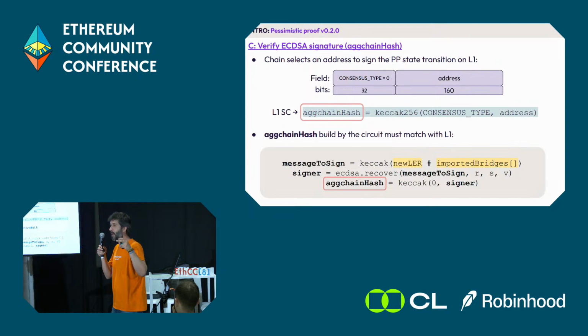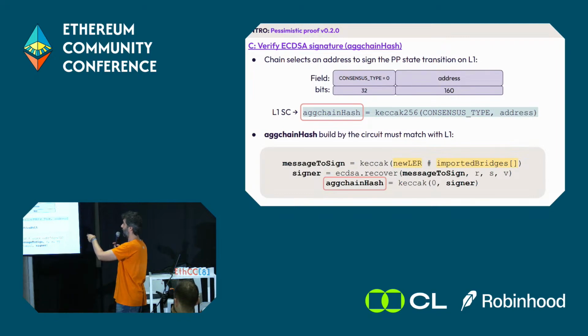We have, somehow, a sequencer. So basically, a sequencer is an address that the chain can define on layer 1. And the signature of this address will be checked on the circuit. And of course, it needs to match the one that has been set on layer 1.